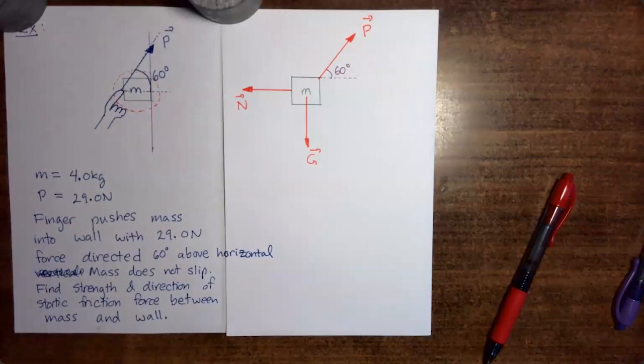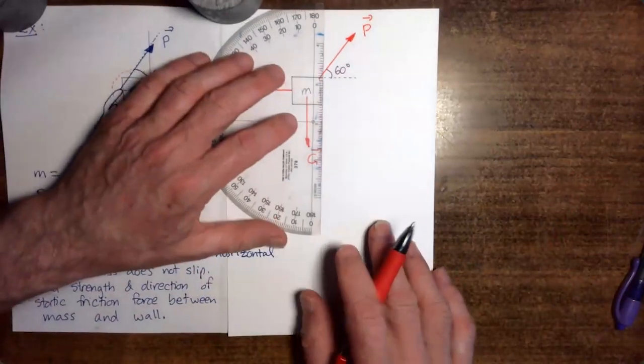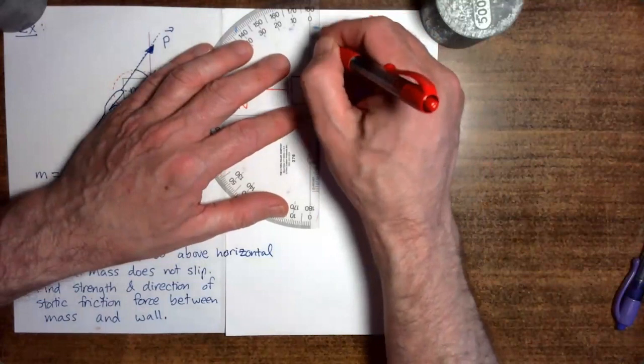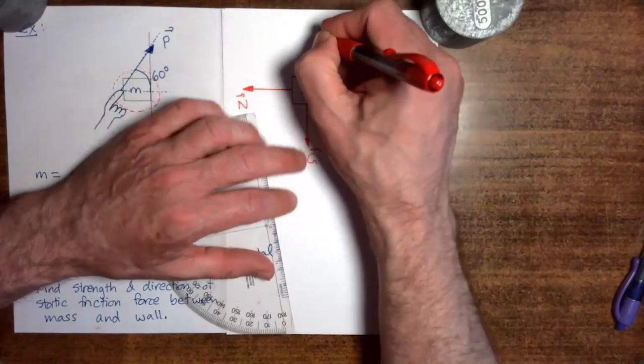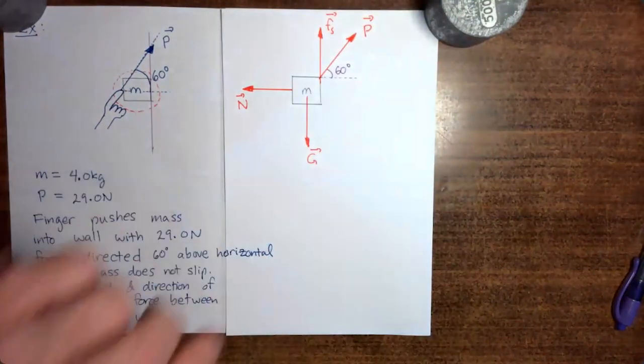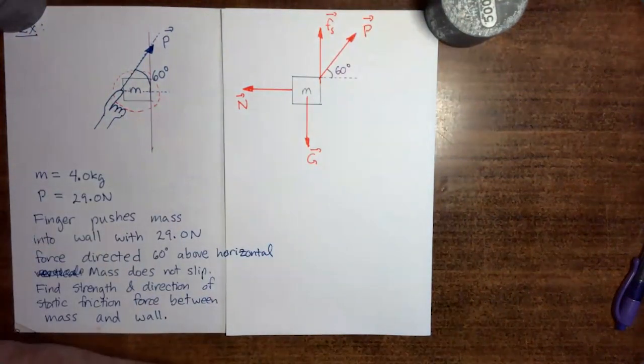And at this point in the problem, we don't know which it is, so we have to guess, and I'm going to guess that the static friction force is pointing up the wall. Okay, so what happens if I'm right?